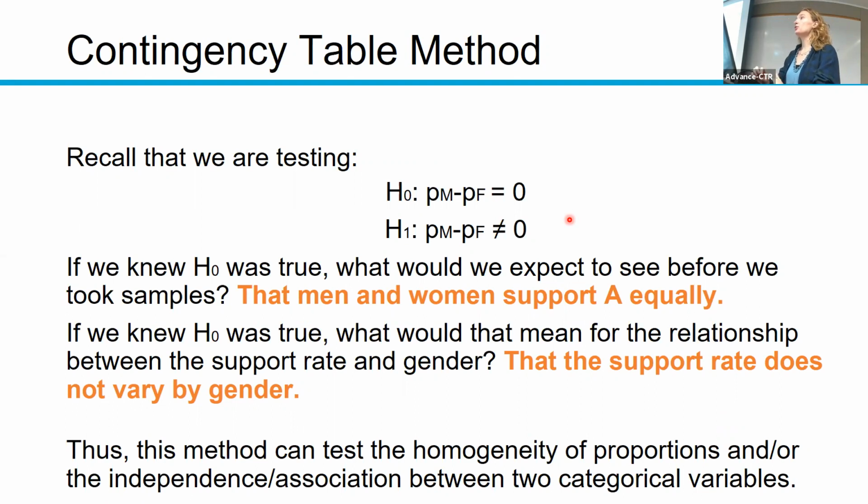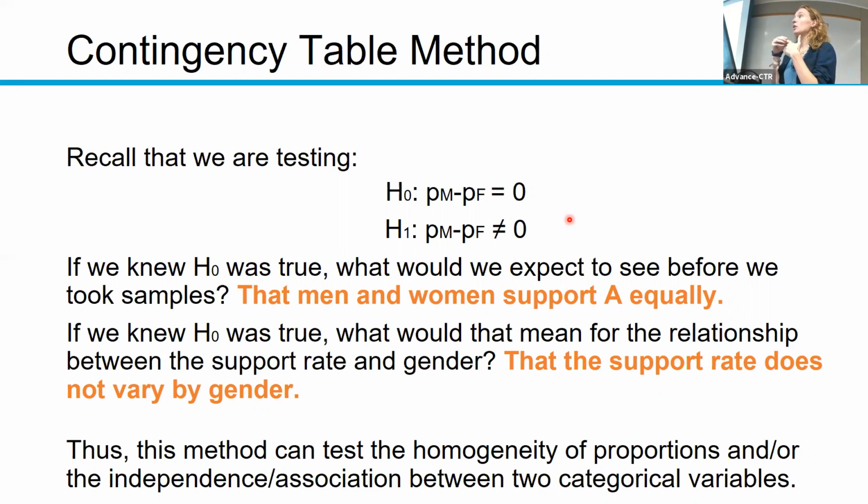So if we knew that the null hypothesis was true, what would we expect to see before we took samples? Well, this is basically just saying that men and women support candidate A equally. If we knew that the null hypothesis was true, what would that mean for the relationship between the support rate of candidate A and gender?